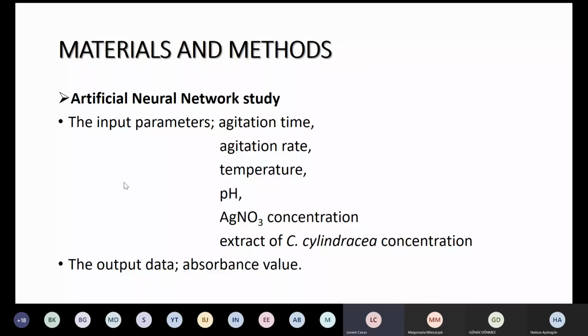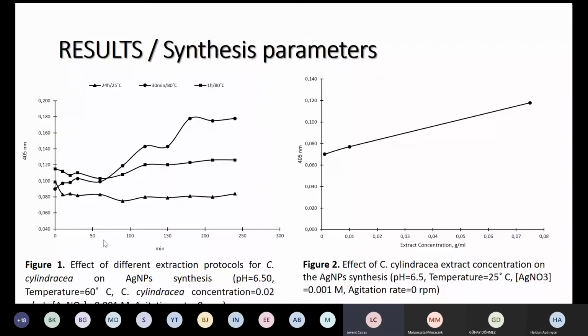The input parameters in our investigation were agitation time, rate, temperature, pH, silver nitrate concentration, and the Caulerpa cylindracea extract concentration. On the other hand, we used absorbance value as the output data in our artificial neural network study.